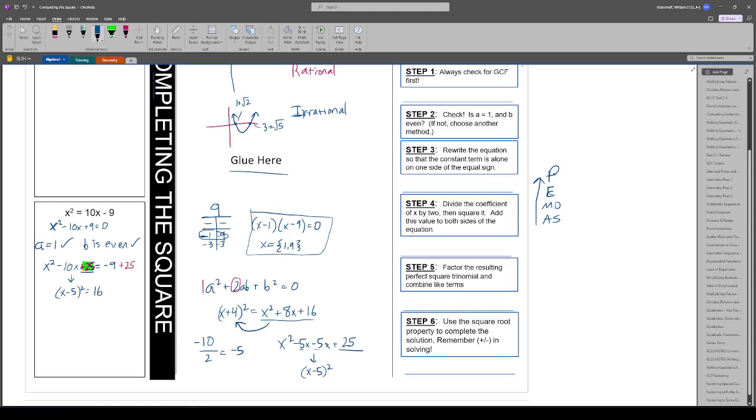So to solve this, I have x minus 5 trapped in parentheses behind this exponent. So the only thing I can do here is square root both sides. So I'm going to square root the left and right side, and my square and square root cancel. So I'm left with just x minus 5 equals, and here's kind of a new thing.